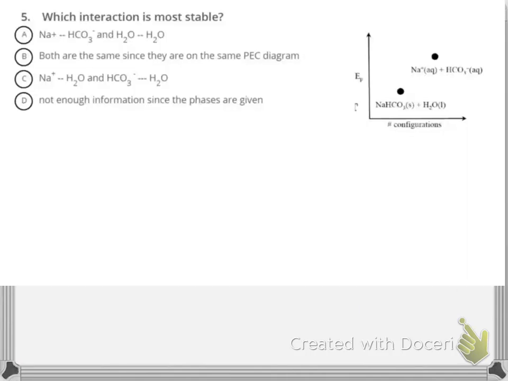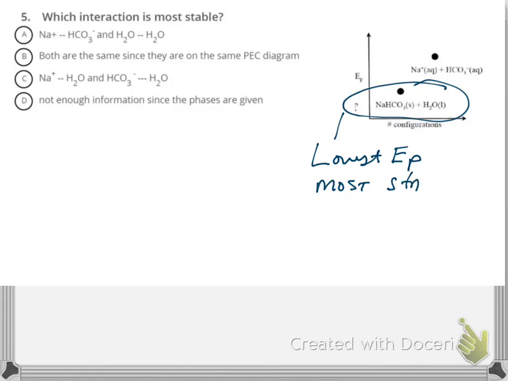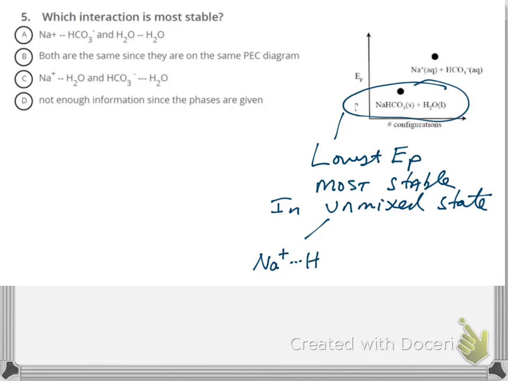And in this case, we asked what interaction is most stable. So we're looking at potential energy ranking now. So we expect the unmixed state to be the most stable. That means the lowest potential energy are those of sodium ions and HCO3 ions. So the unmixed state has these interactions: Na plus interacting with the negative HCO3 minus, and water interacting with water.